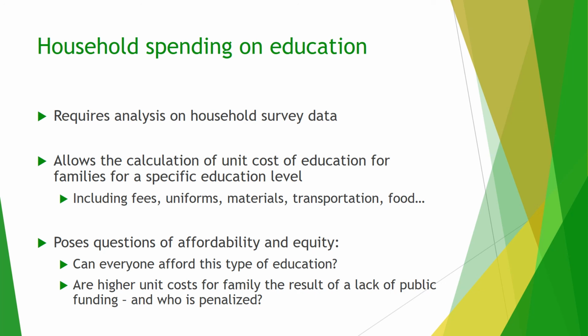Another question that we may ask is whether the high costs for families are in fact the result of a lack of public funding. And we may compare, as I said before, the spending per child from the families, from households, to the funding per child from the government, and compare this level by level.